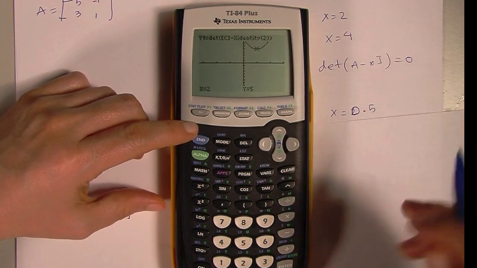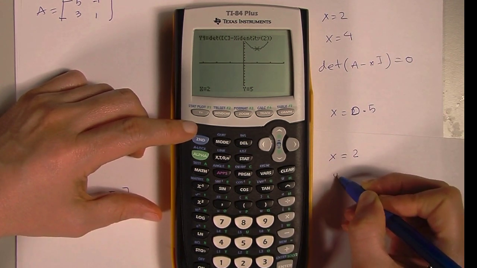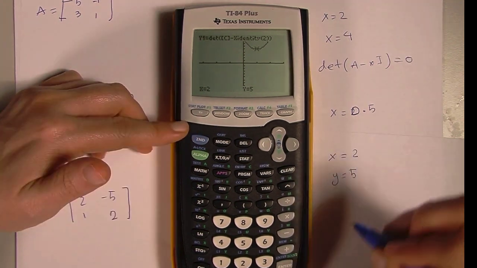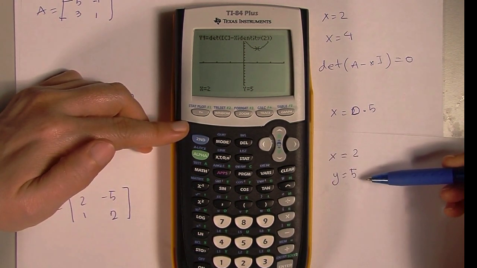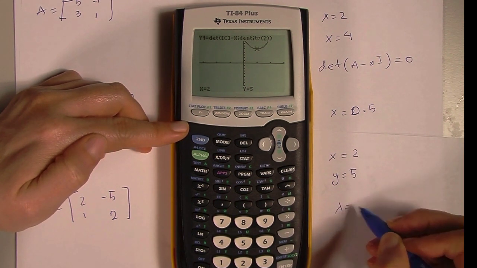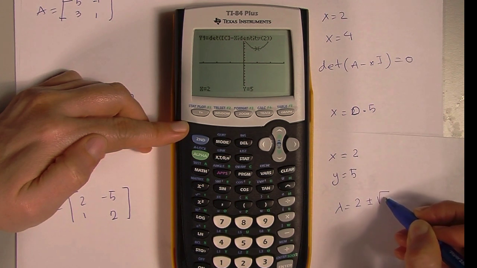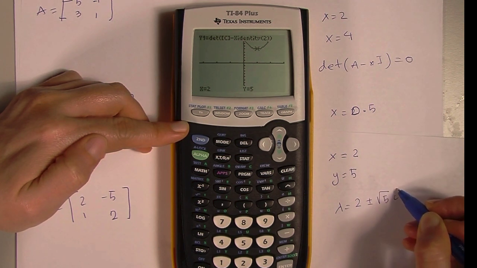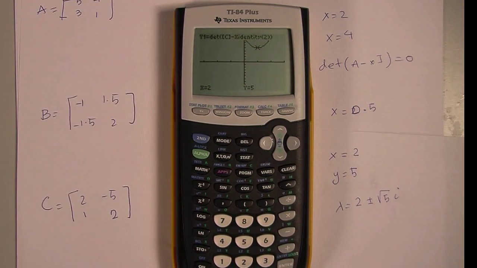The values that I'm getting are x equal to 2, y equal to 5. And so from here, what I observe is that the lambdas are going to be 2 plus minus square root of 5i. And that concludes our lesson for today.